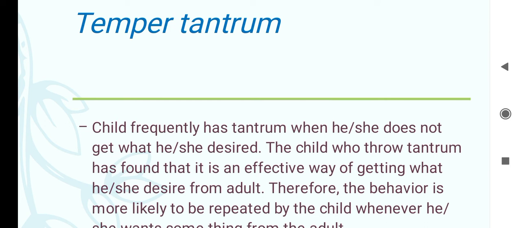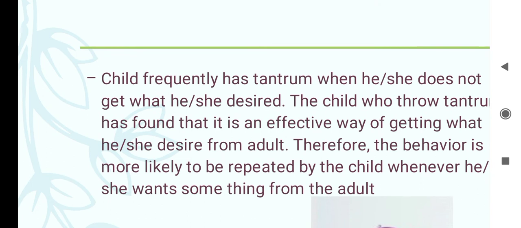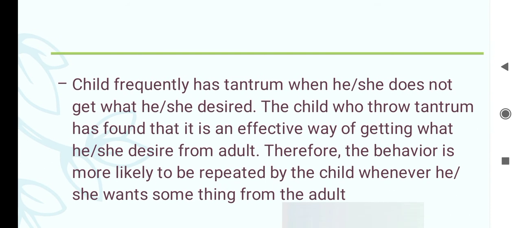Whenever they want or desire something from their teachers, they will simply show tantrums. They will shout, they will be aggressive, in order to ensure that their wish or desire is fulfilled.